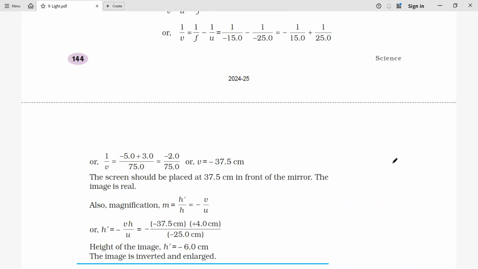All this discussion we have had, and how we consider the sign, how different image formation takes place, and what the positions and nature are. We have the mirror formula, 1 by v plus 1 by u equal to 1 by f. And in case of magnification, we have m equal to h dash by h. In terms of image and object distance, it is minus v by u.